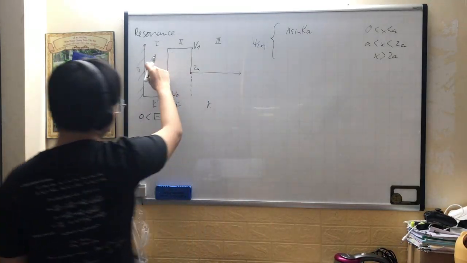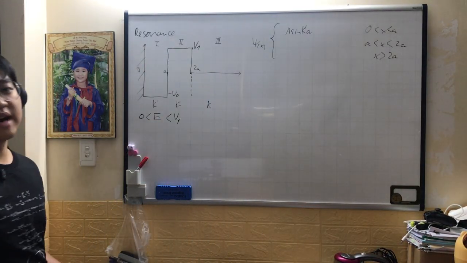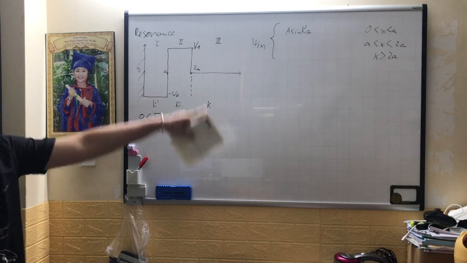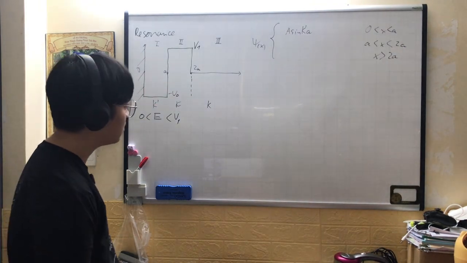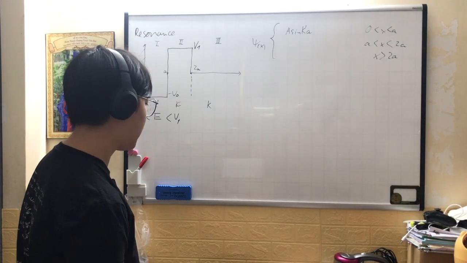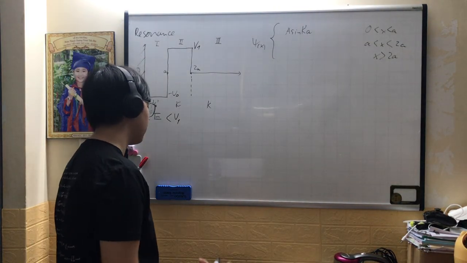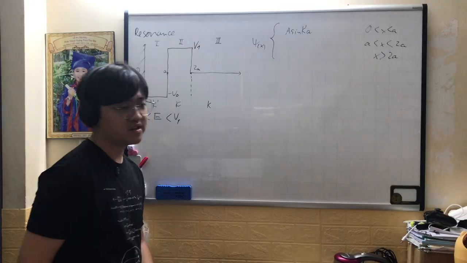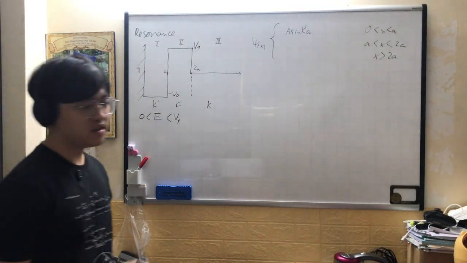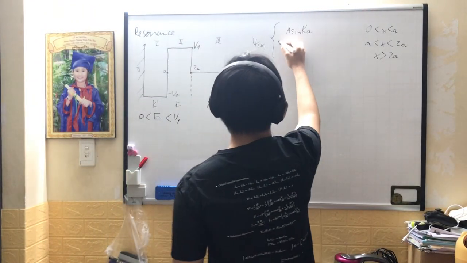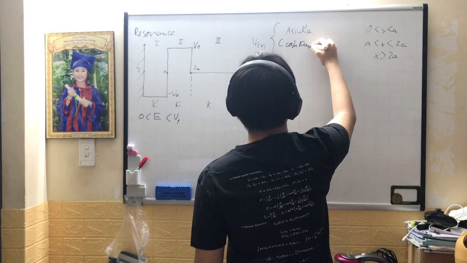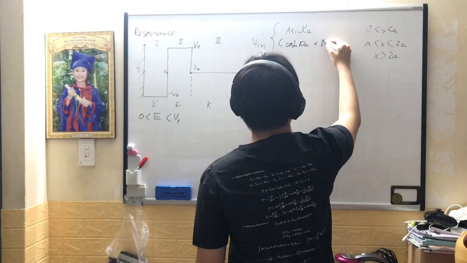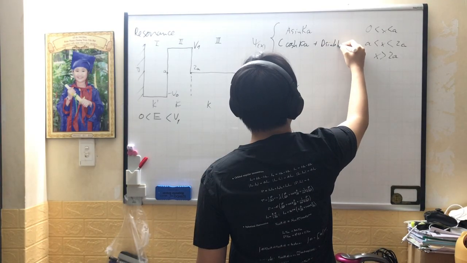It would be somewhere here, meaning that our region 2 would be a decay function. Decay meaning that it would be some form of cosh and sinh. To write this, it would be C cosh kappa A plus D sinh kappa A.